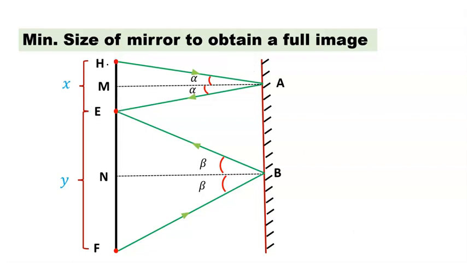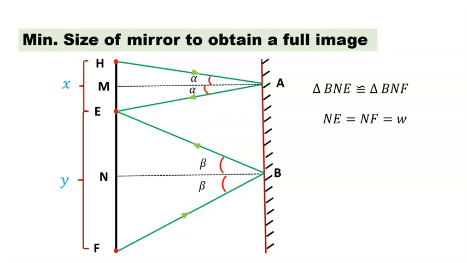Now let's look at the other triangles, triangle BNE and triangle BNF. Both triangles must be congruent using the same logic that we followed for triangles AMH and AME. Now NE and NF are the same.